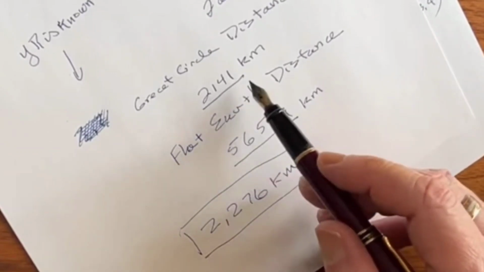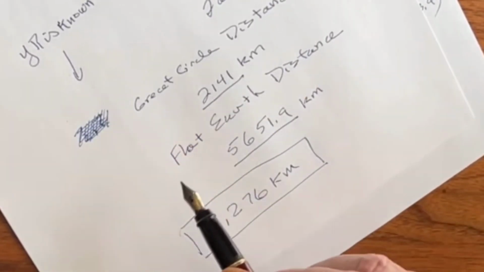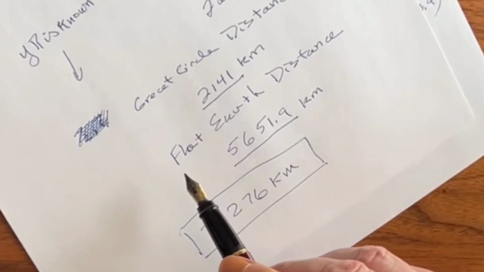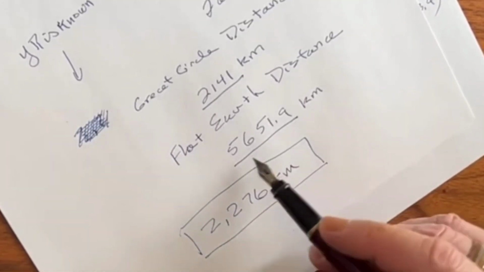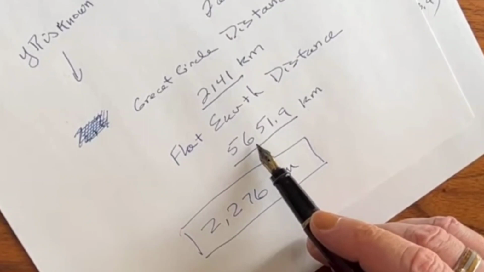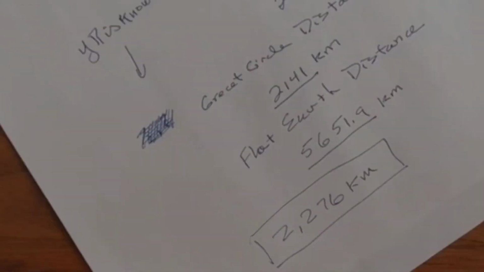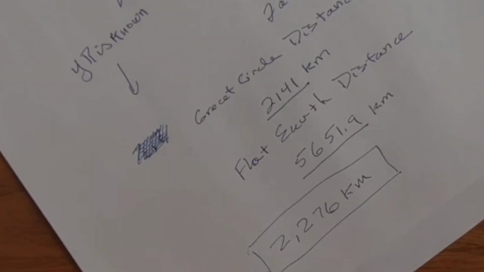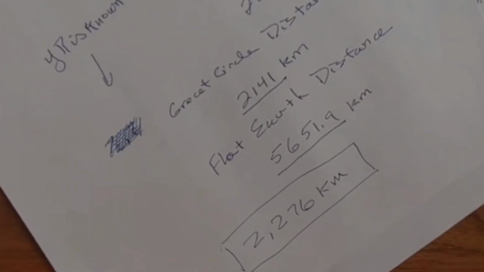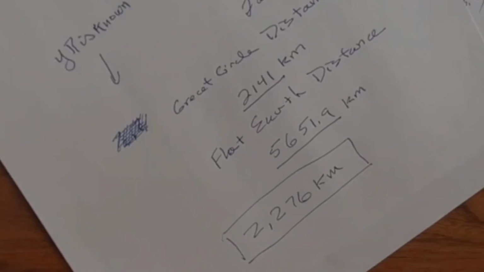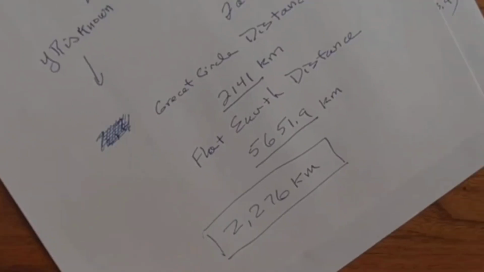If it's anything greater than that, that doesn't rule out a spherical Earth in any way, shape, or form. However, on a flat Earth, the minimum distance has to be 5,651.9 kilometers. Sorry, Bob, but I just used the AE map generator and showed that the flat Earth distance is closer to 2,000, maybe 2,100 kilometers. Pretty close to the distance you came up with, all that unnecessary math.